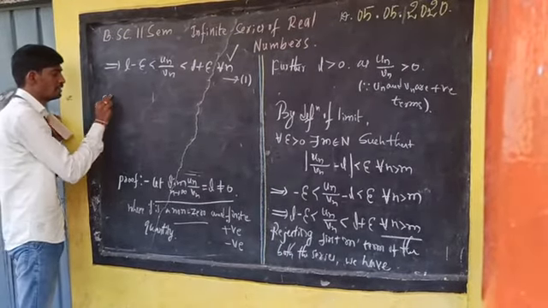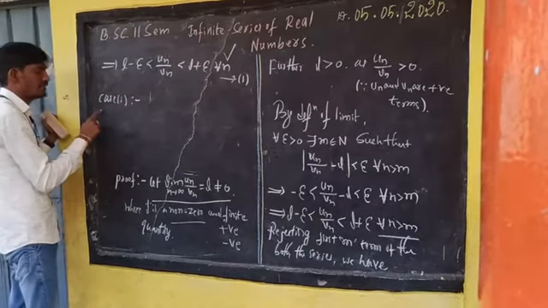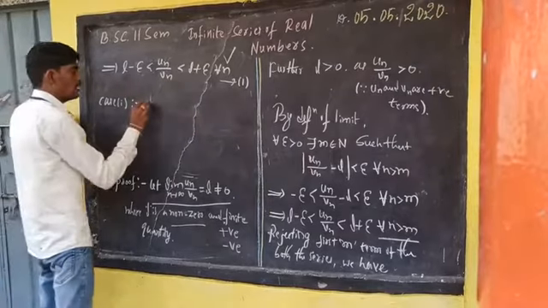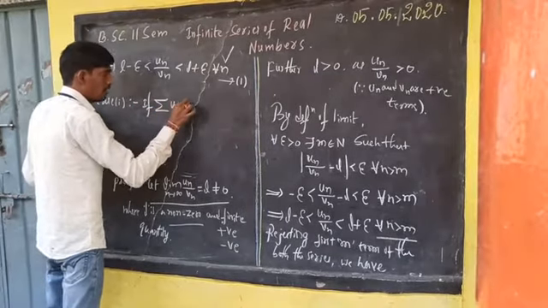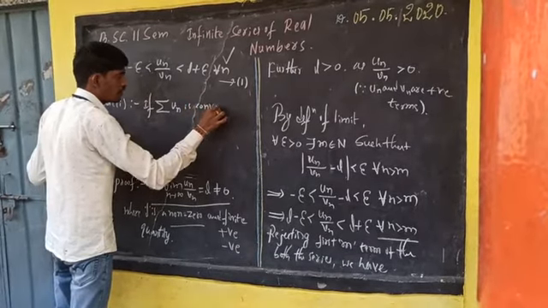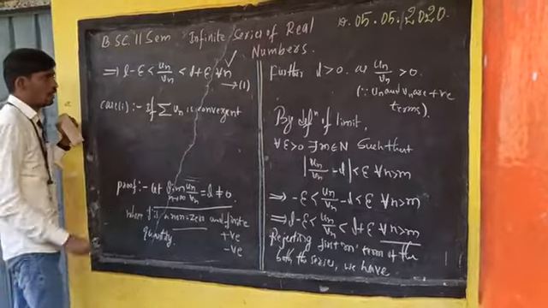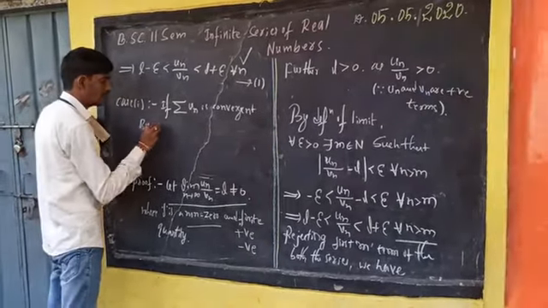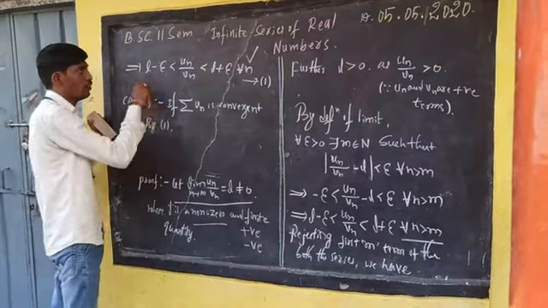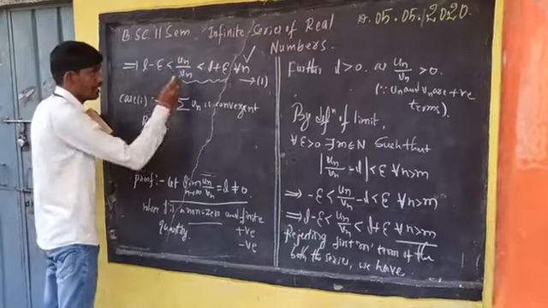The next step of the proof of this theorem. Case number 1: if summation vn is convergent. According to result number 1, I take the right side of this equation.